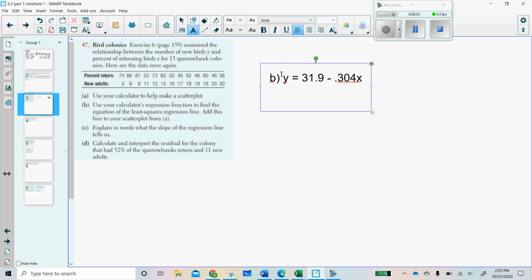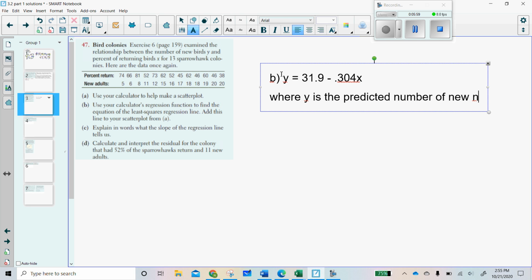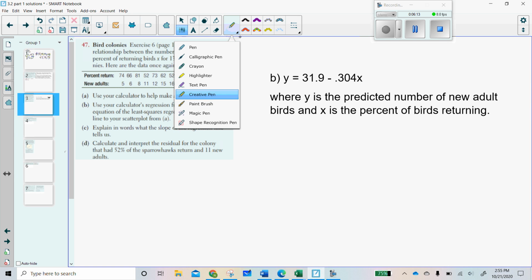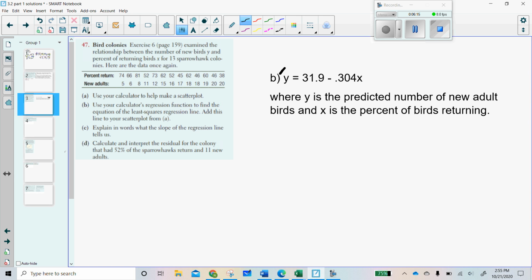And remember, we should always say what these are: where y is the predicted number of new adult birds, and x is the percent of birds returning. I need to add hats on these, a little hat there and a hat there. So that's what B is.